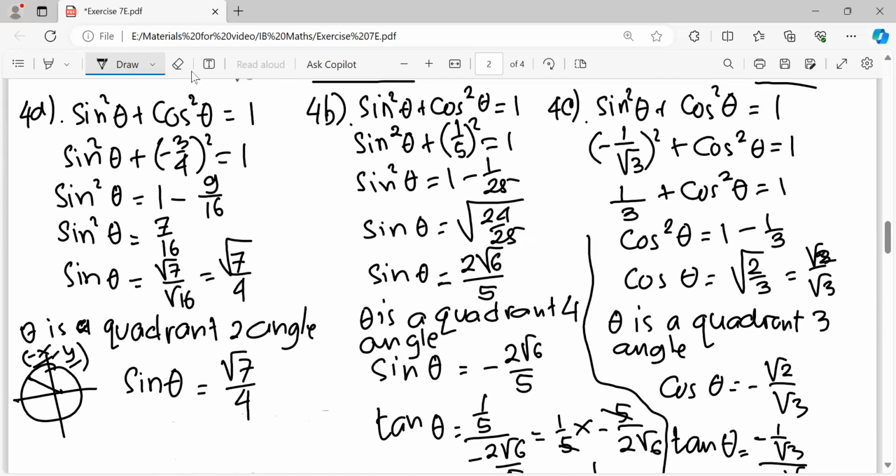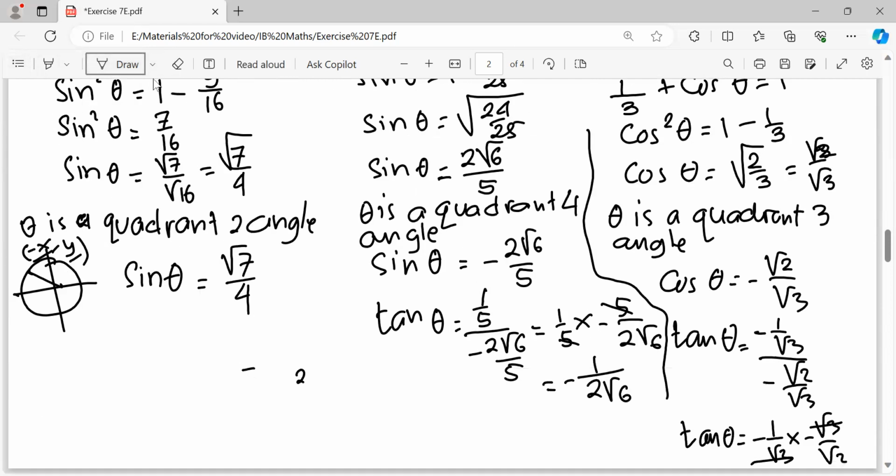Now we're going to find tangent theta. Tangent theta equals sine theta over cosine theta.